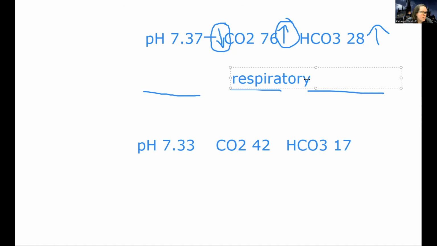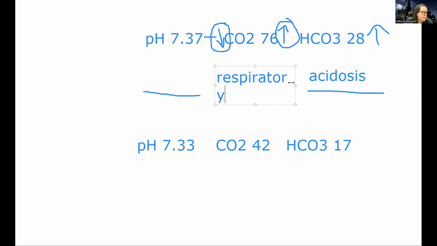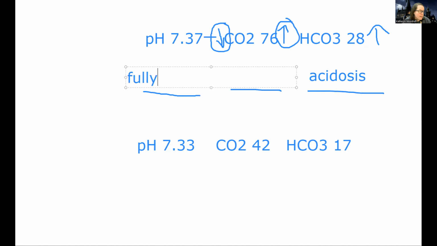Then here, the one thing to consider is if I have an ABG where the pH is normal, the compensation is always going to be fully compensated. It's not uncompensated, it's not partially compensated, it is fully compensated.